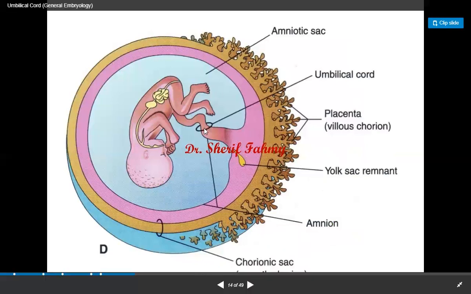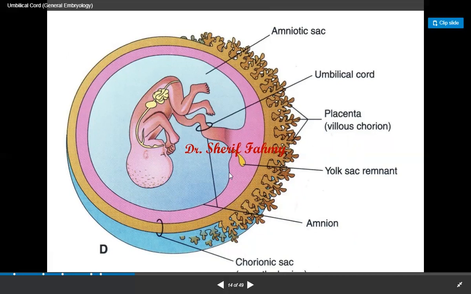And if you see the overall structure, this is the placenta, that is the villous chorion, and this is the umbilical cord. This is the fetus, this line is the amnion, and this color is the chorionic sac.